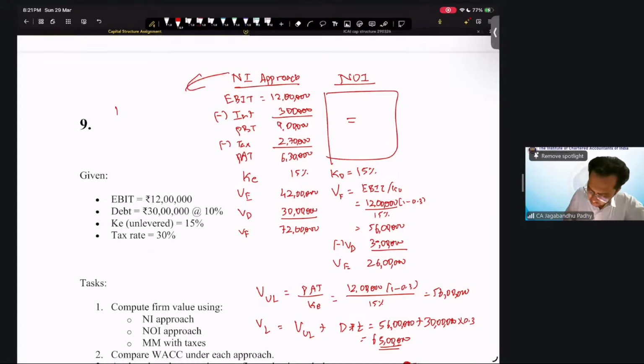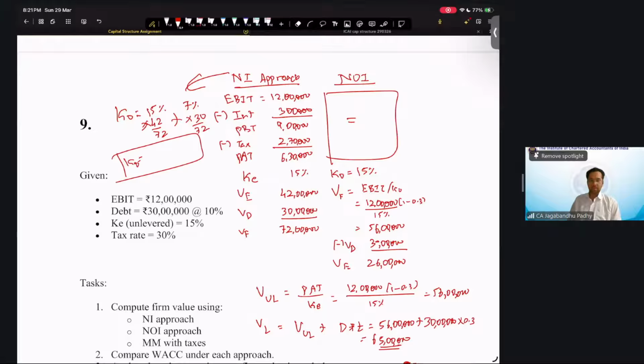Under the net income approach, KO is, in fact, I can calculate it as 15% into 42 out of 72 plus cost of debt, which is 7% after tax, into 30 out of 72. So what is the value of KO?